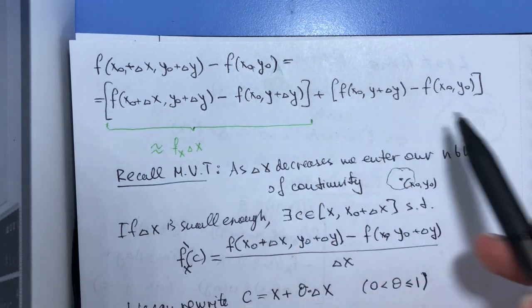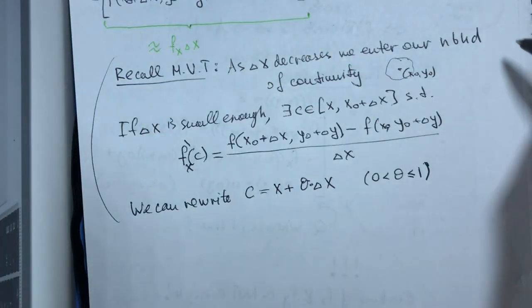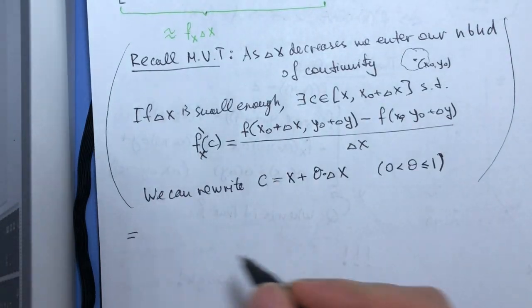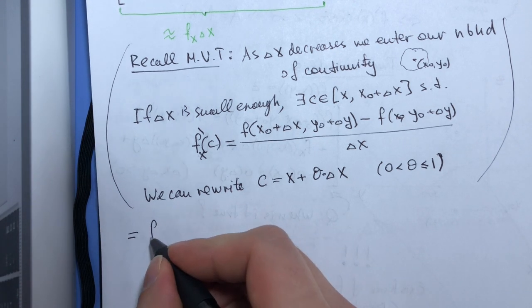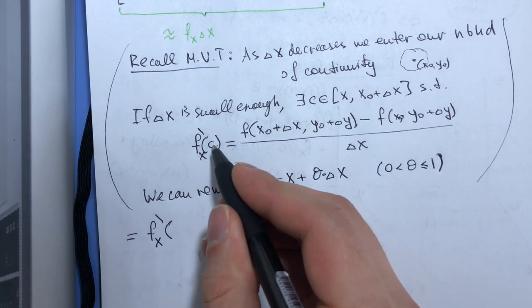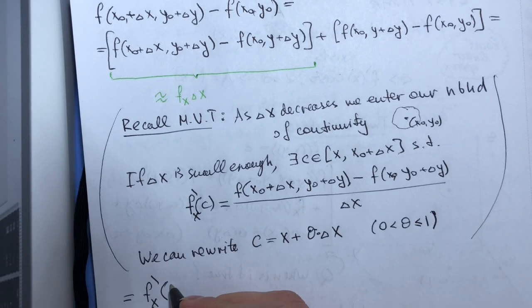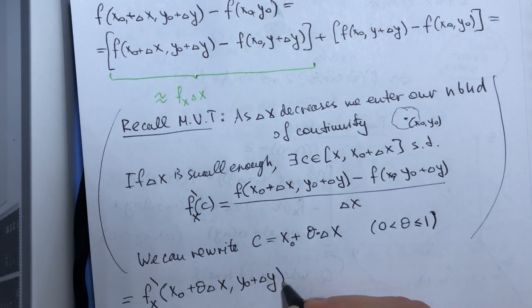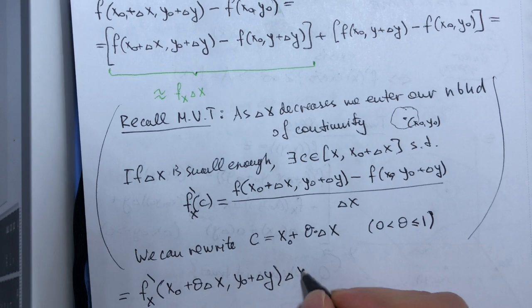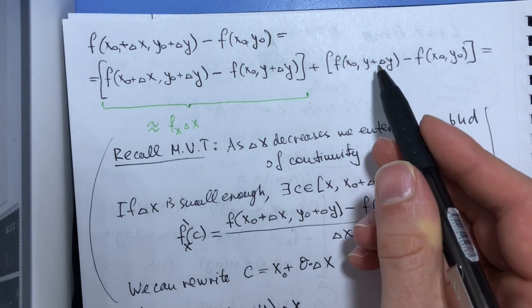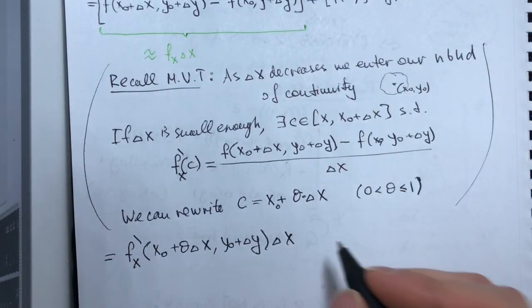So now we have this expression, and taking all this away, we can continue our equality, and it becomes f prime of x at, so this was abuse of notation, right? So here I will have x naught plus theta delta x, y naught plus delta y times delta x, and I can apply the same argument to this part, but now I will have a partial derivative with respect to y.